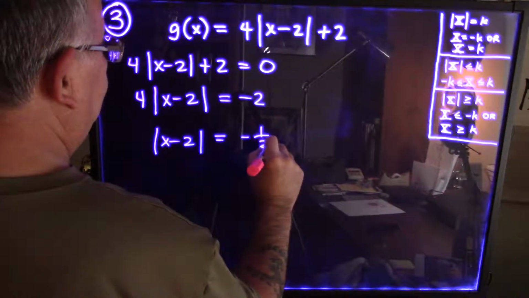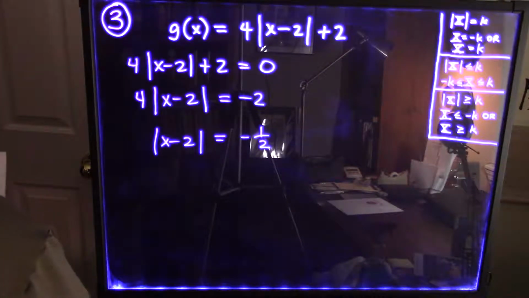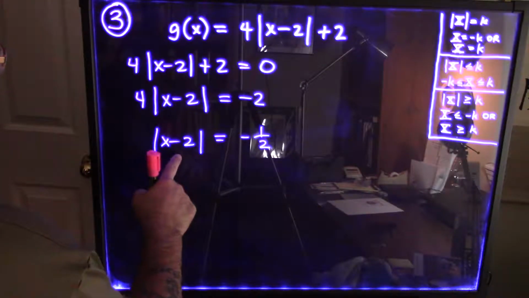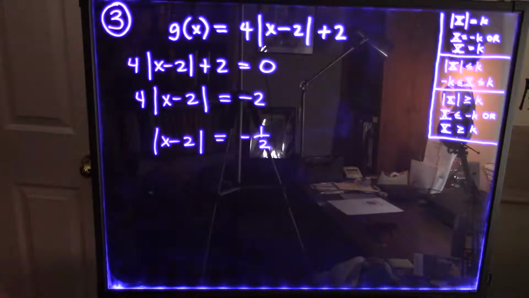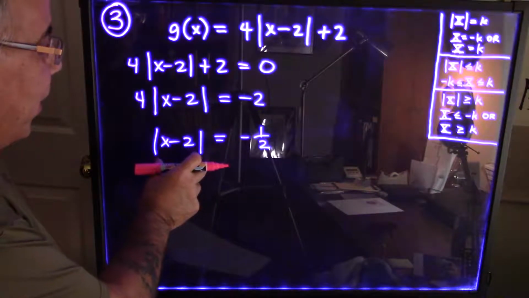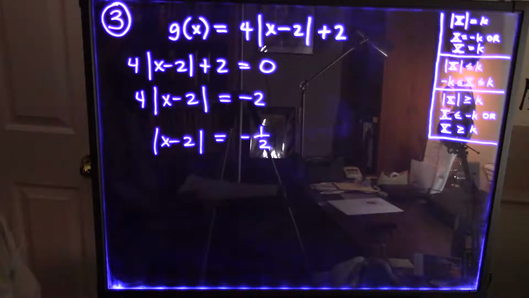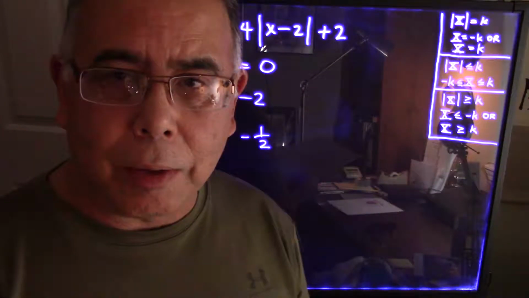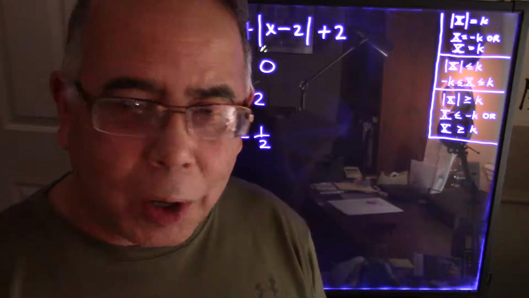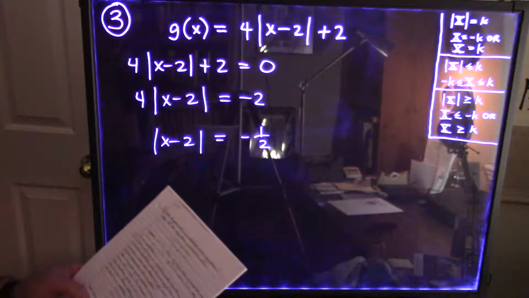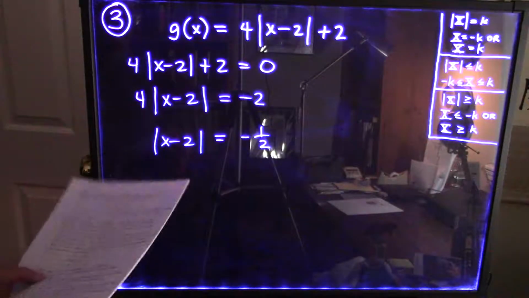That reduces to negative 1/2. So we have the absolute value of x minus 2 equals negative 1/2. Well, obviously there's no solution. The absolute value of anything is not going to be less than 0. It's not going to be negative, like we just mentioned in problem number 1. So there's no solution for this.